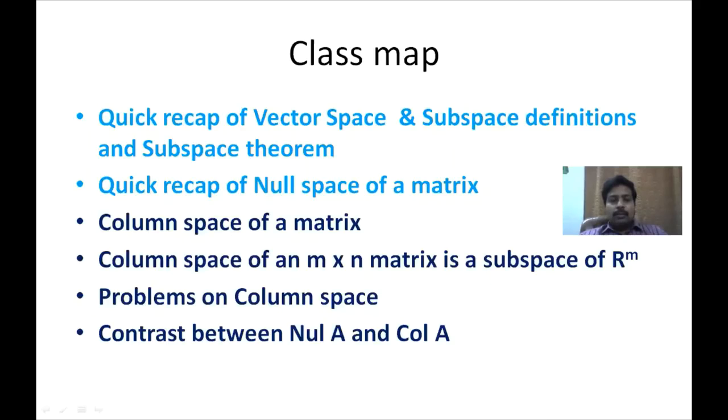Later, we move on to the column space of a matrix, today's topic. We will prove a theorem that the column space of an m by n matrix is a subspace of Rm. Later, we solve some problems on column space, and we will discuss the difference between null space A and column space A.